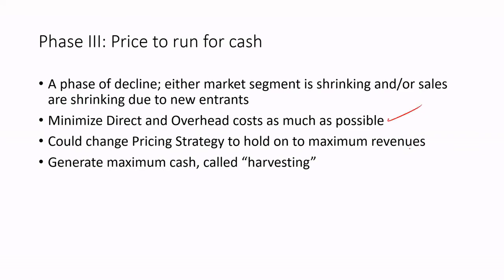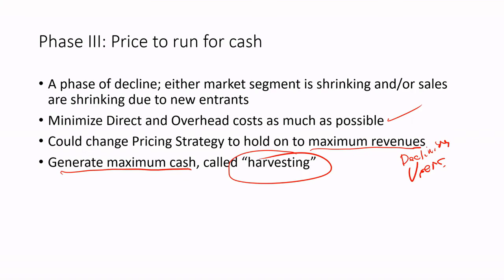And we may again change pricing strategy in order to maximize revenues even in an environment of declining users. And so a term that's often used to describe this type of operation is a term called harvesting the business to generate the maximum amount of cash during this decline phase.